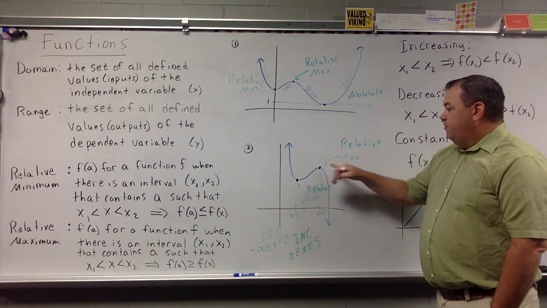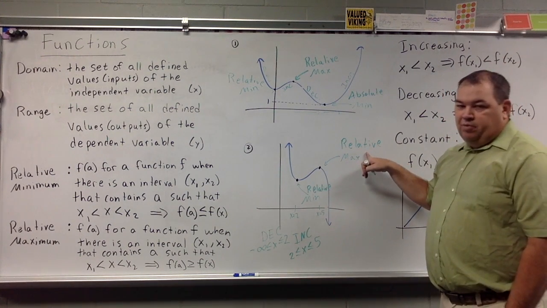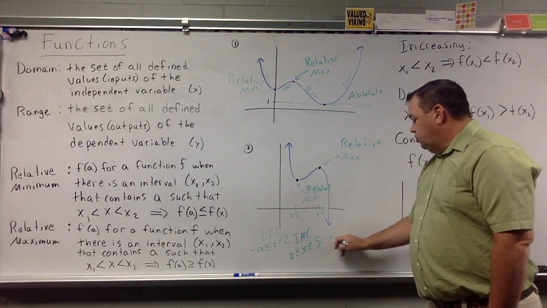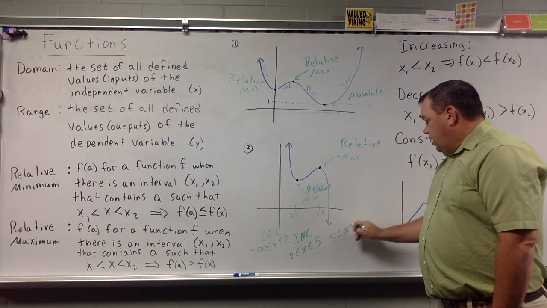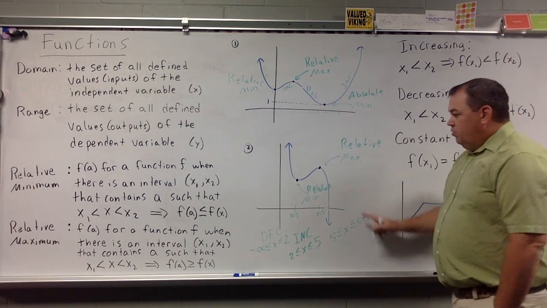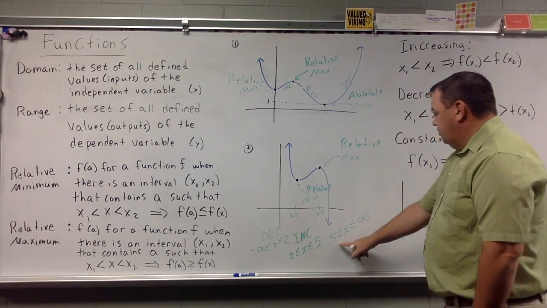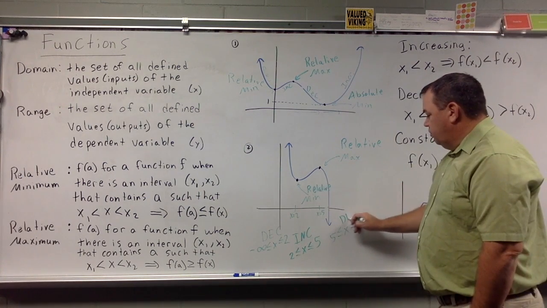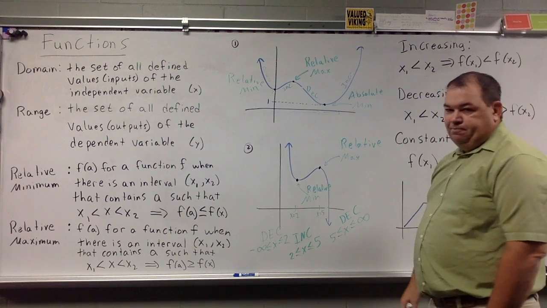Now when I get to 5, I have another maximum. I have another one of these turning points. So at 5, things change again. And since they aren't going to change again, we're going to put an infinity symbol, and we're going to say from 5 all the way to the right-hand side, this thing is going to decrease once again.